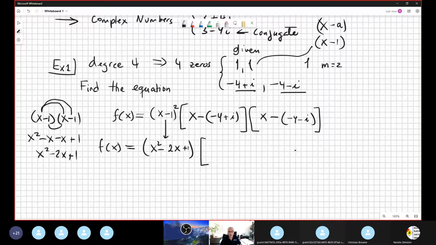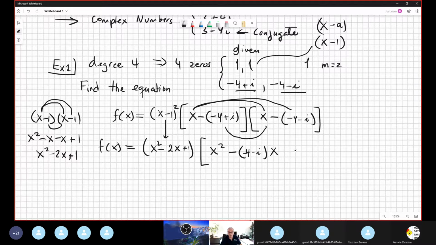And you FOIL also. x times x is x squared. x times this complex number is minus, parenthesis, negative 4 minus i, times x. So I copy this, I copy that, and this minus in the front. Okay.